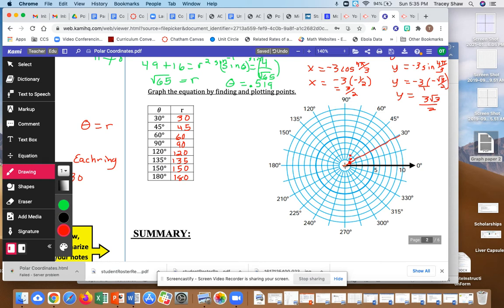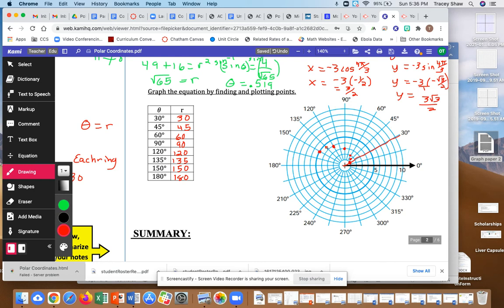90 degrees will be on the third circle because I'm going up by 30s on the circles. 120 at 120. 135 and 135. And then 150 is going to be at 150.